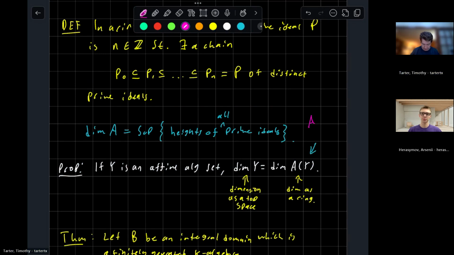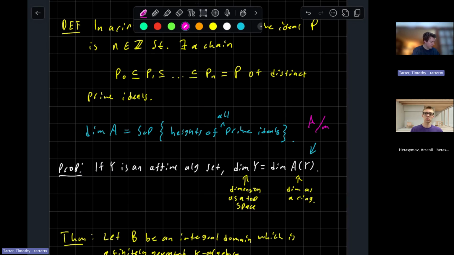is a quotient. So if M is a maximal ideal of A of Y, then we can directly correspond the affine coordinate ring. Wait, is it any prime ideal? Hold on.